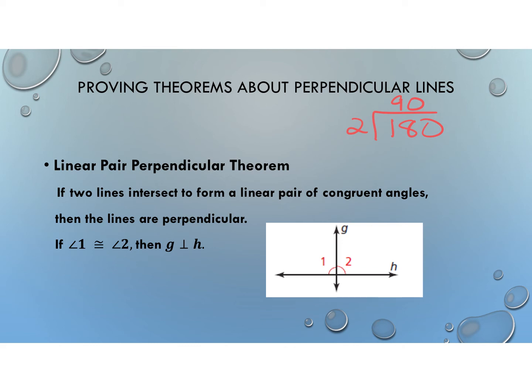As soon as you're given a linear pair with congruency marks, you can tell that these are right angles, and you can conclude that line G is perpendicular to line H, just by being given that angles 1 and 2 are congruent. You wouldn't have needed to show that they're right angles. As soon as you see they're congruent, you can put in your proof that they are right angles, which would make them perpendicular.